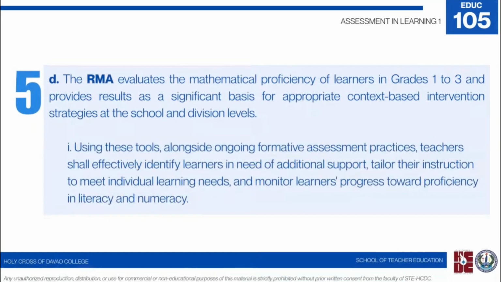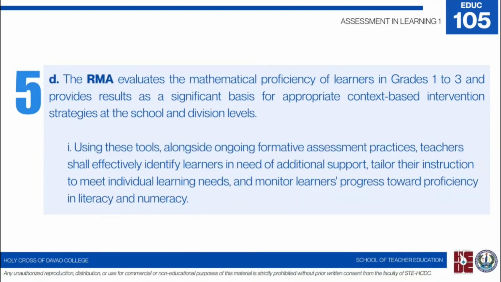Next one, the Rapid Mathematics Assessment. This is the numeracy counterpart to the CRLA. Where the CRLA focuses on literacy, the RMA evaluates the mathematical proficiency of learners in grades 1 to 3 and provides results that serve as a significant basis for appropriate context-based intervention strategies at the school and division level.